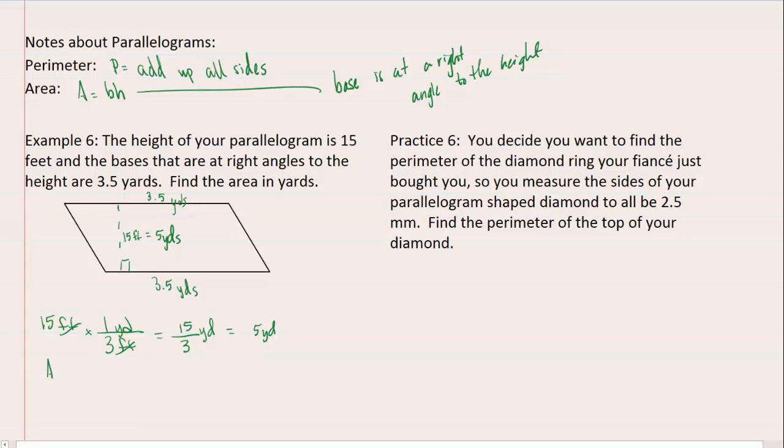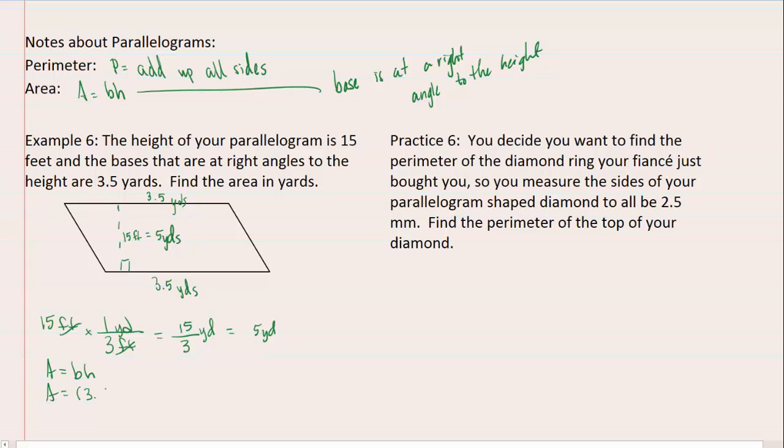Using the area formula, the area was base times height. We can use either of the 3.5s as our base, since they are both at right angles to the height. We did not need the short sides since they were not necessary to find the area of a parallelogram. Let's fill in the values.